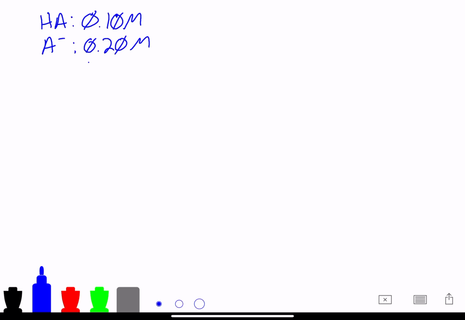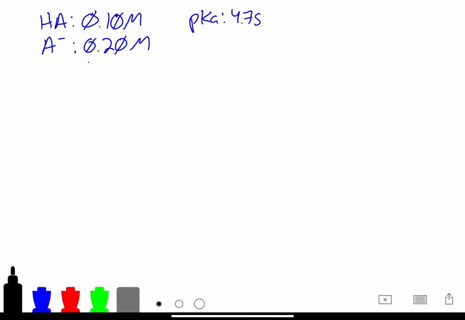All right, number 2. Calculate the pH of a solution of the same species. We're going to have acetic acid and sodium acetate again, but this time we have different concentrations. Our acid has a concentration of 0.10 molar, and our conjugate base is 0.20 molar. Again, the pKa is 4.75. So now all we do is plug this information into our equation.